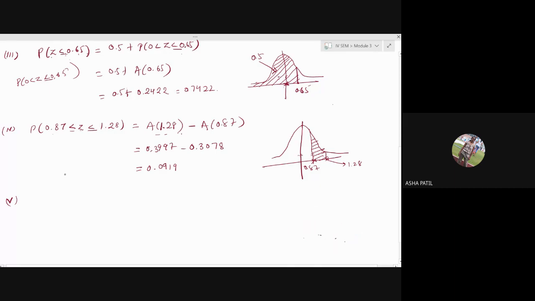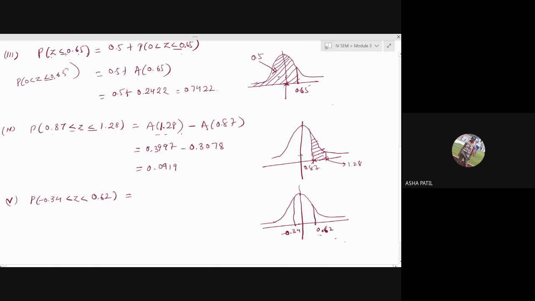Probability that minus 0.34 less than z less than 0.62. Here it is minus 0.34, and 0.62 you can see is a positive value.